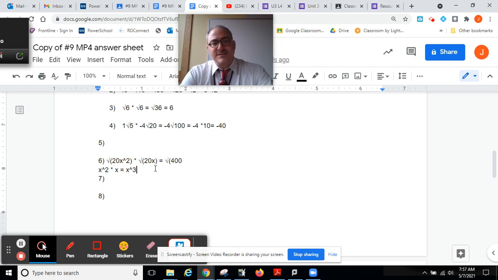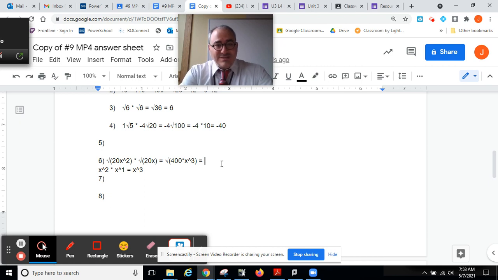We just add the exponents when multiplying them. x by itself is x to the first. There's an invisible first power there that we don't always mention because it doesn't change anything. So x to the second times x to the first is x to the third. We added our exponents together. I don't need this multiplication symbol technically, but I'm putting it in there just so you see what I'm doing. And then there's that.